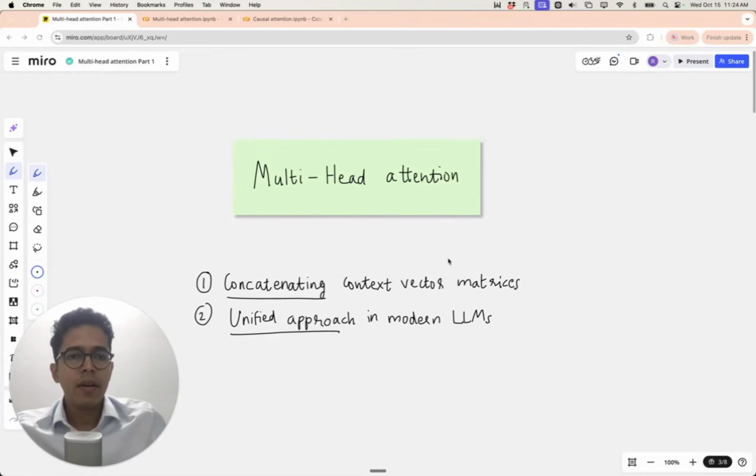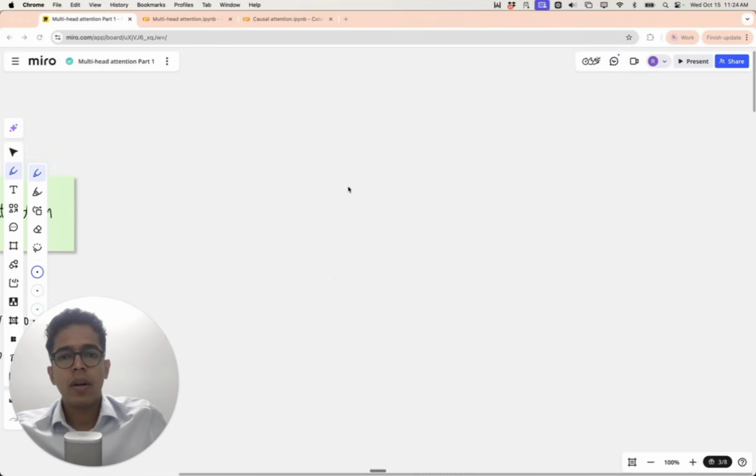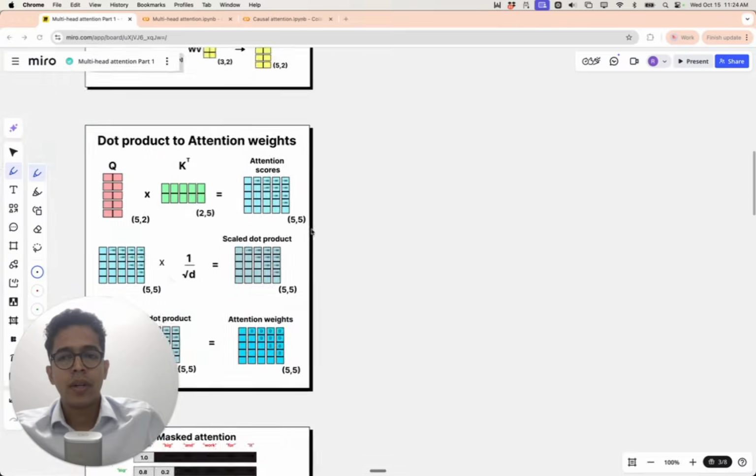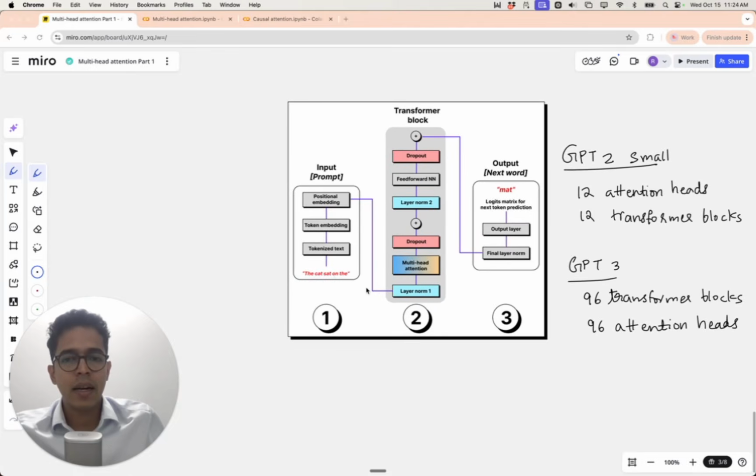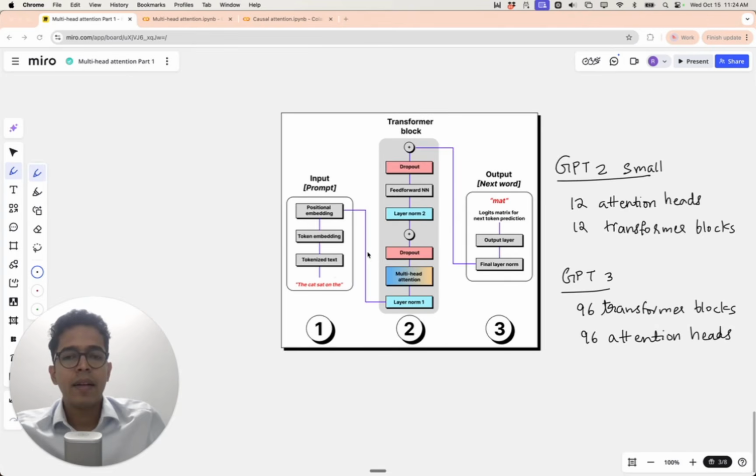So first, let's have a brief recap of what we have learned so far in understanding the transformer architecture. We first looked at the transformer architecture as a whole, and then we discussed it in three parts: input, transformer block, and output.